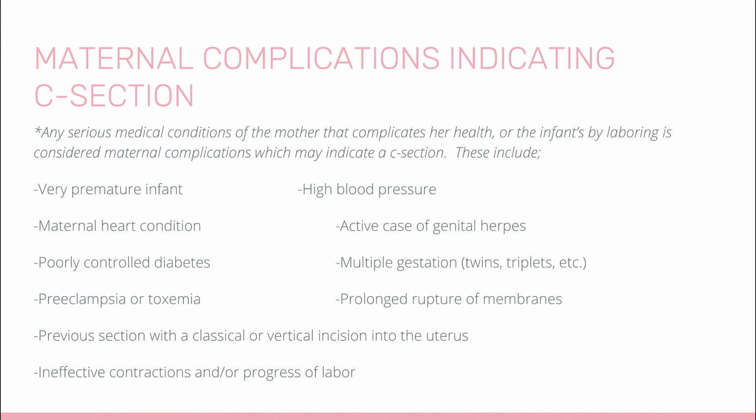Alright, so some maternal complications indicating a C-section. Any serious medical condition of the mother that complicates her health or the infant's by laboring is considered maternal complications, which may indicate a C-section.